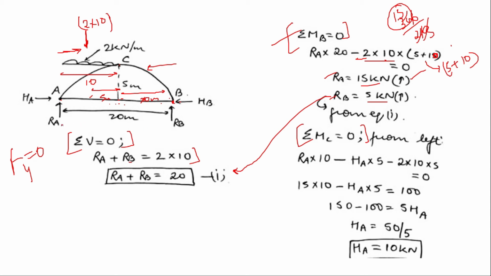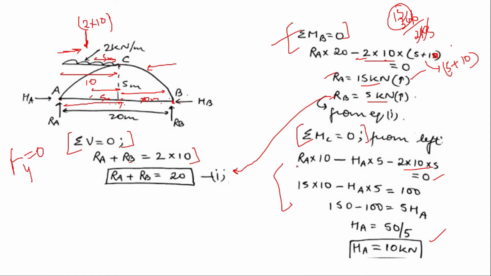RA into 10, this RA multiplied by 10, minus HA, this distance is vertical distance, how much? 5 meter, minus HA into 5, then minus 2 into 10 into 5, because this 2 into 10 is the total load and it will be acting at a distance 5 meter. So 2 into 10 into 5 equating to 0. When we solve these values, we get the value of HA as 10 kilonewton.